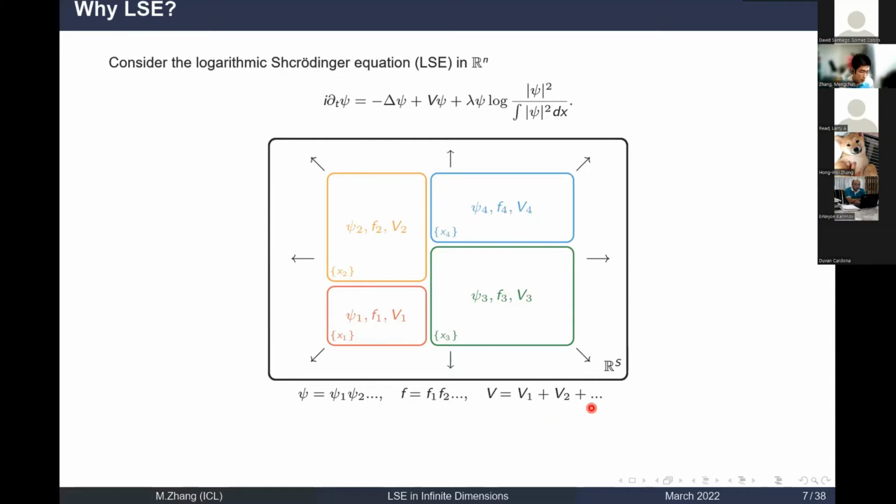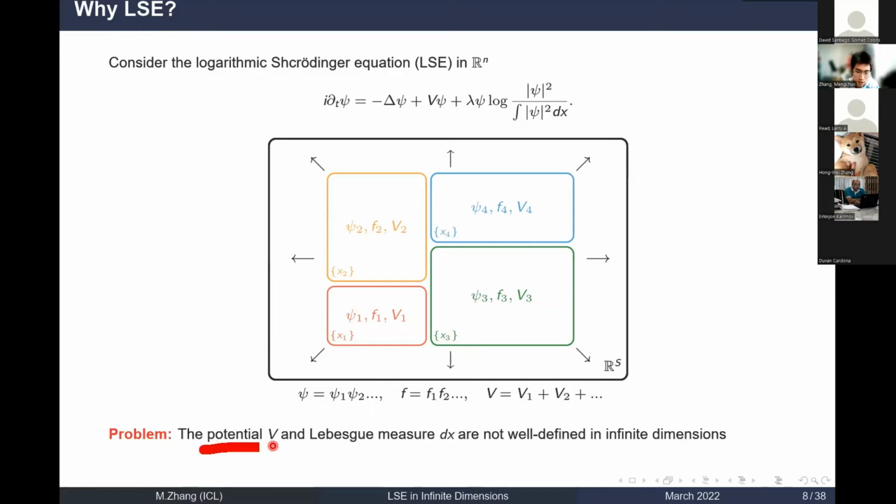So now you may wonder, well, now we already extended to infinite dimensions. What's next? Well, the question is, this idea has some holes. It doesn't work because first, the potential V, and second, the Lebesgue measure dx are both not well defined in infinite dimensions.